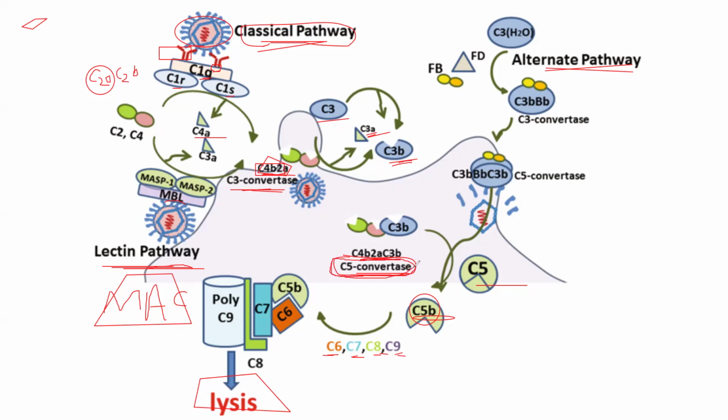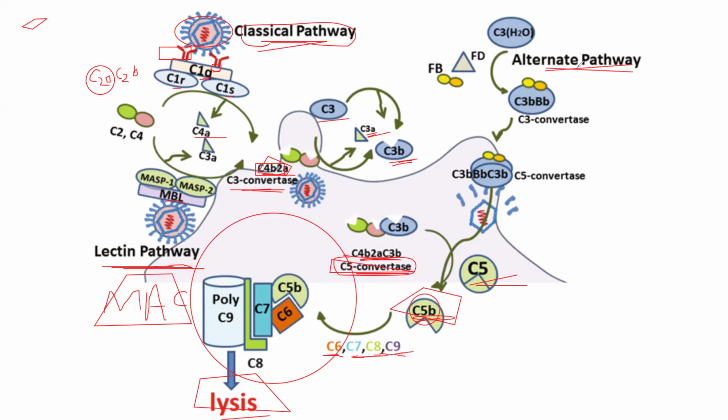This C5 convertase acts on C5 and makes C5a and C5b, and C5b combines with C6, C7, C8, C9 to make the membrane attack complex. This complex attacks the target cell and results in lysis. So the second pathway is the lectin-mediated pathway.